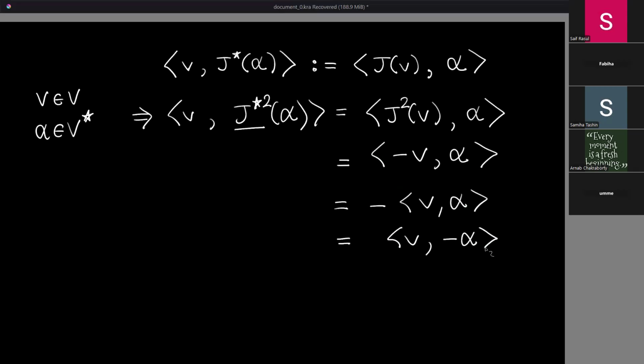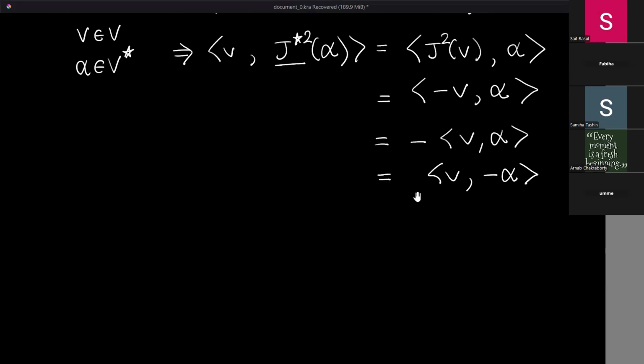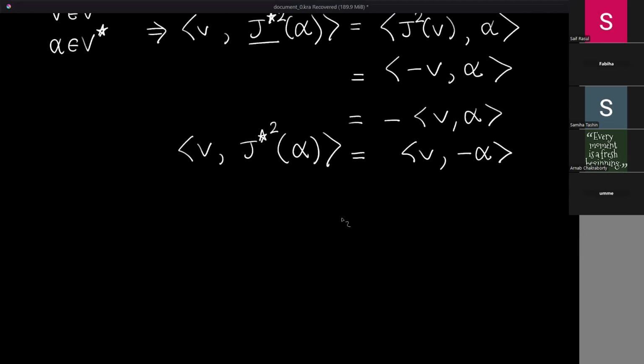Since it's real, we don't have to worry about conjugation or something like that, which means that if we rewrite what we had on the other side, ⟨v, J star squared of alpha⟩ is equal to ⟨v, minus alpha⟩. Since v is an arbitrary element of the vector space and it has to be true for all elements of the vector space, we deduce that it must be a property of the map itself.